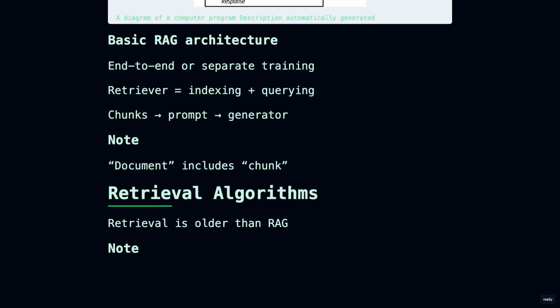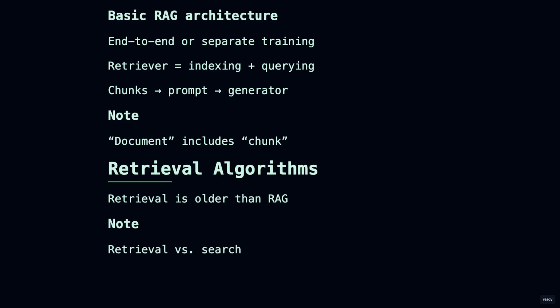One useful distinction is that retrieval usually means searching within one system or database, while search can span multiple systems. In this chapter, though, we'll use the two terms interchangeably. So if you see either word here, treat them as referring to the same basic process.